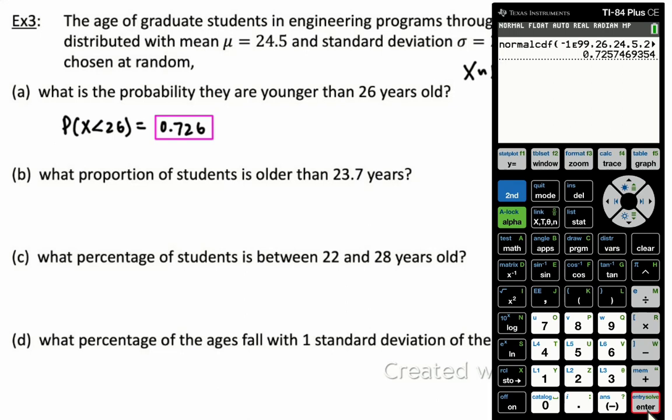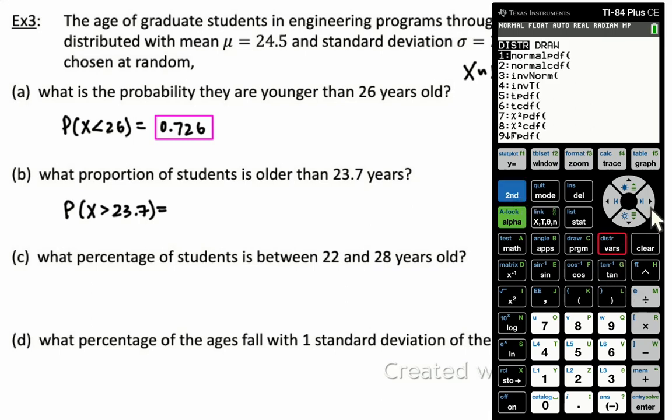Part B, what proportion of students is older than 23.7 years? So now we're looking for the probability that our random variable x is greater than 23.7. Again, in our calculator, we're going to go second vars to get to the distribution menu, select normal CDF.